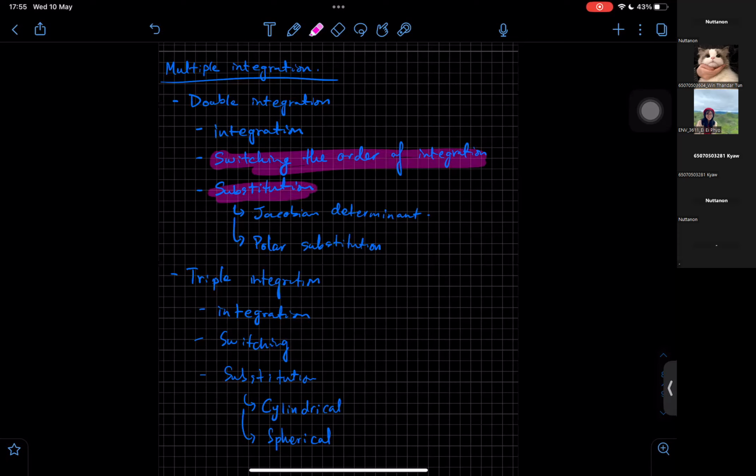Because the integration, you use techniques from calculus 1, but what you never see is switching the order of integration and substitution. So I hope you revise it first, and then we have some discussion next time.